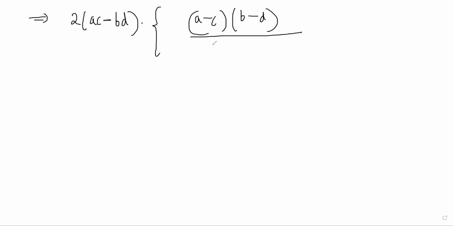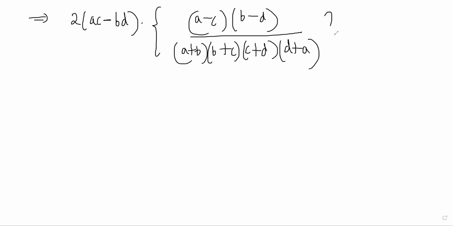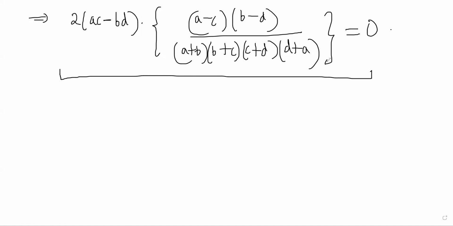After simplifying, you will get 2 times AC minus BD, and on top what you get is A minus C, B minus D by A plus B, B plus C, C plus D, D plus A is equal to 0. I have skipped some steps where I just simplify the algebra, so you can try it out yourself.